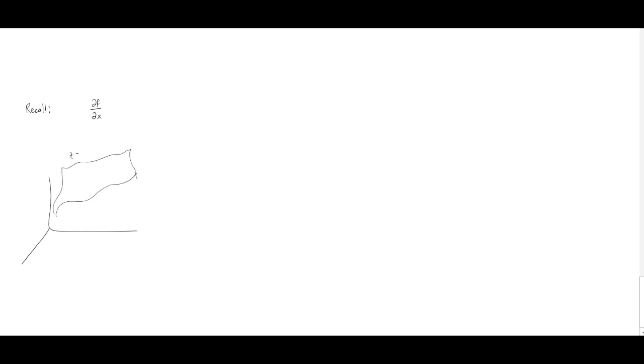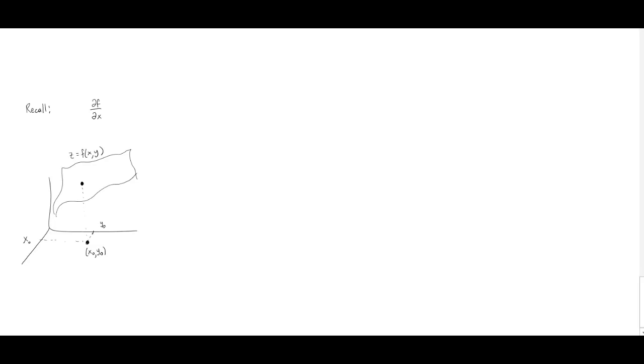So let's say this is the graph of my function f of xy. And let's say I have this point x naught, y naught. And then here is the point right above it on the graph.